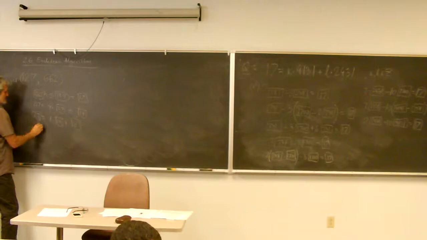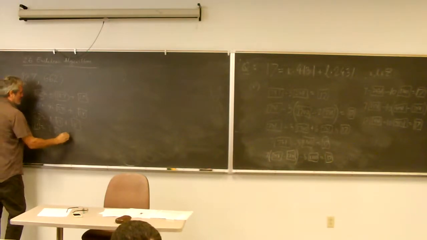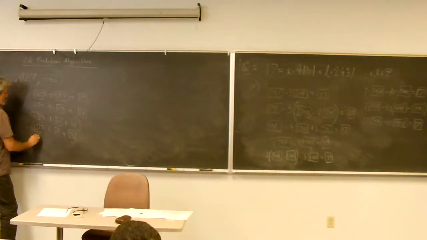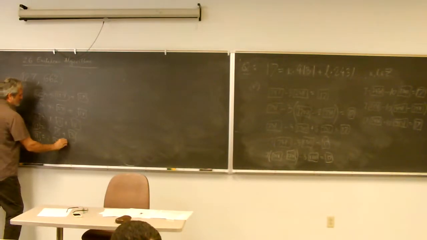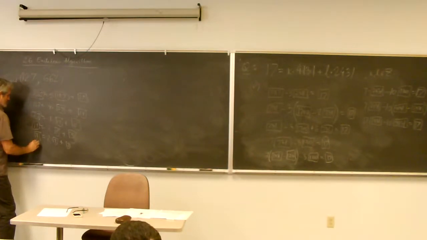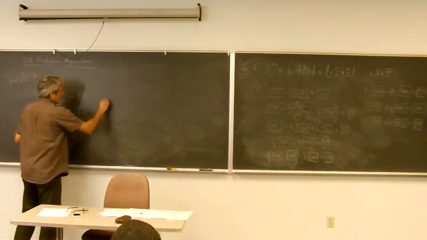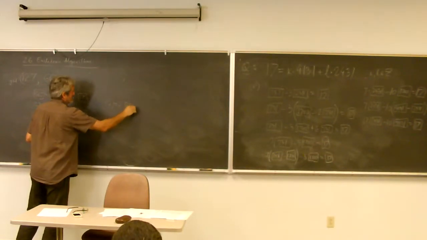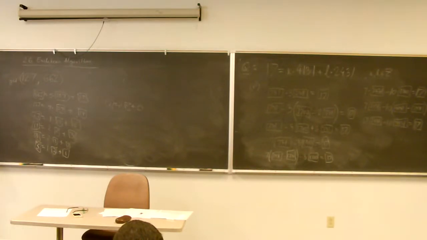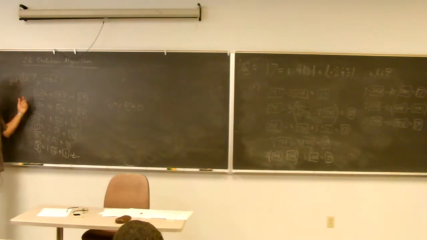Now 19 is 2 times 8 plus 3. 8 equals 2 times 3 plus 2. 3 equals 1 times 2 plus 1. 2 equals 2 times 1 plus 0. Your last non-zero remainder is 1. So what do I conclude? That they are relatively prime, and nothing else could happen because, as I said, this cannot allow any other factors.